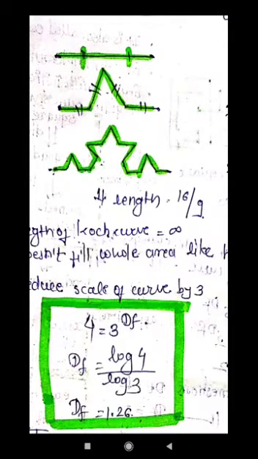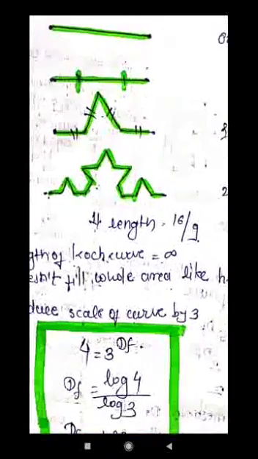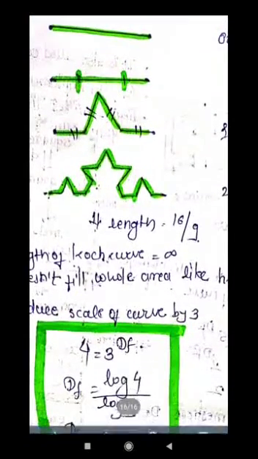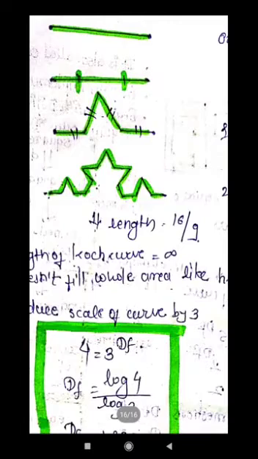If we combine these 4 parts, we get our original line segment. So the value of n is 4. It requires 4 different parts to join into the new original object, and the scaling factor s has the value 3 because it divides the line into 3 parts initially.